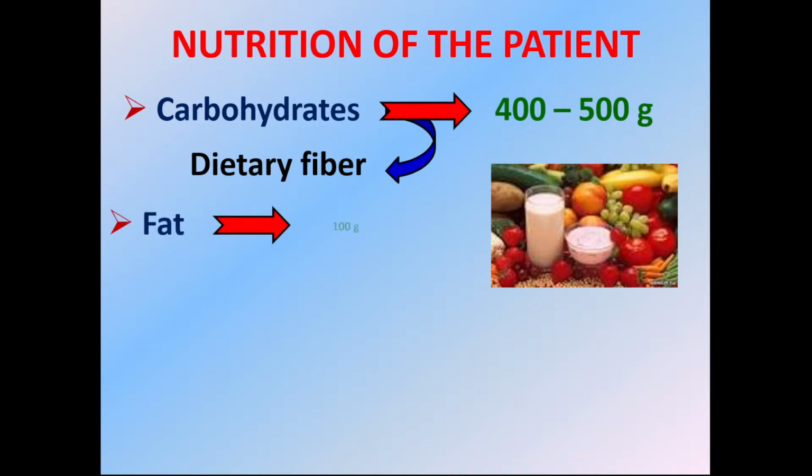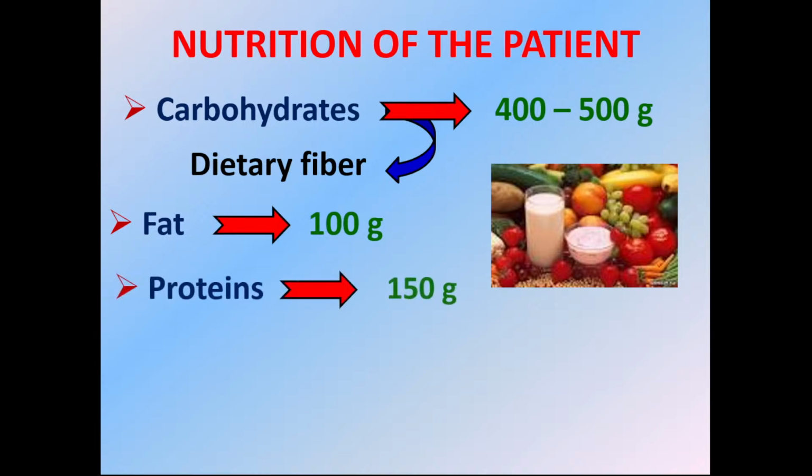We need nearly 100 grams of different fats, because fat is needed for protection of our organism, as structural elements of some enzymes, and building material for coating of cells. 150 grams of protein, which is the main building material of our organism.